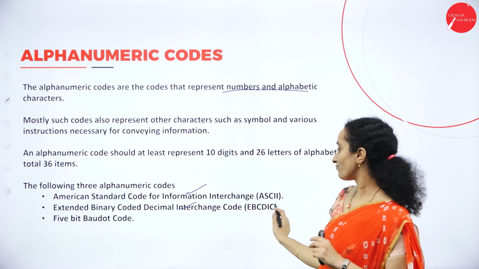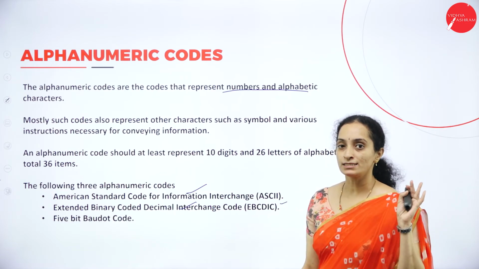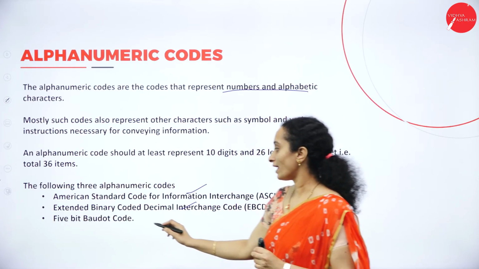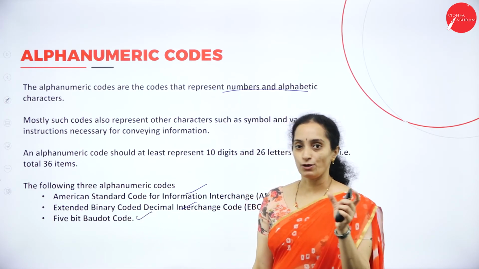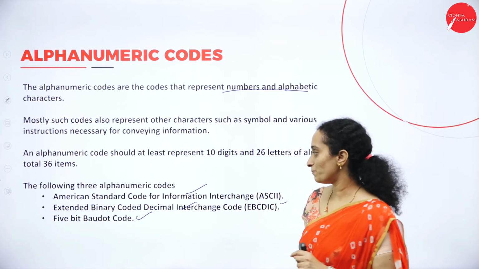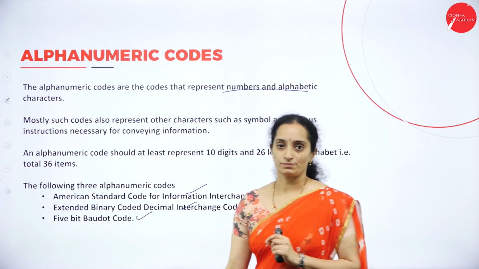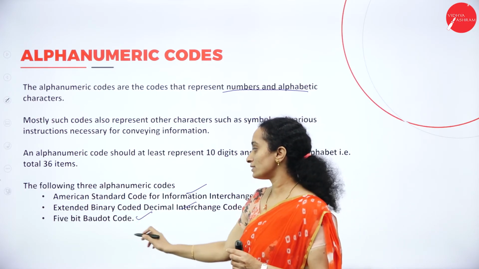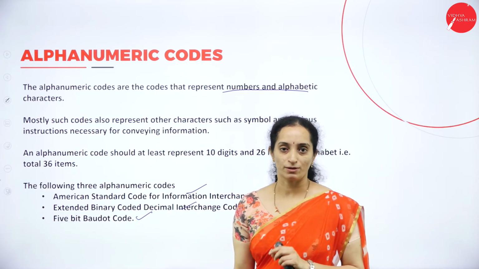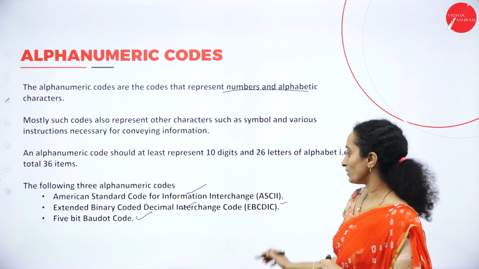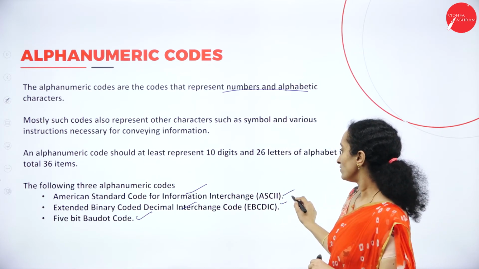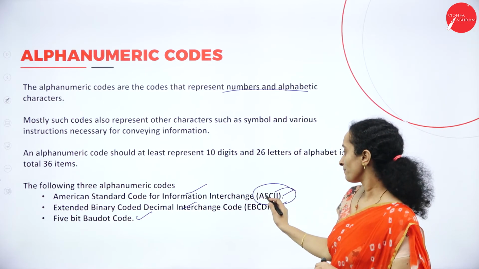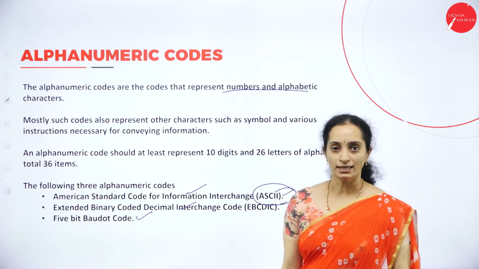Again, this is a way of representing the numbers, characters and alphabets. Then a group of 5-bit barcode code. So you can use any of these methods to represent the alphanumeric characters. The most widely used representation is the ASCII code.